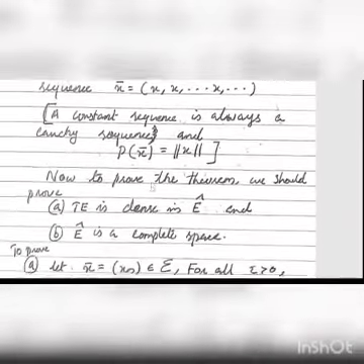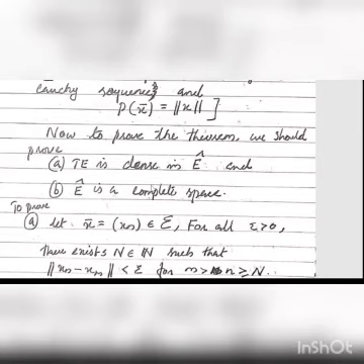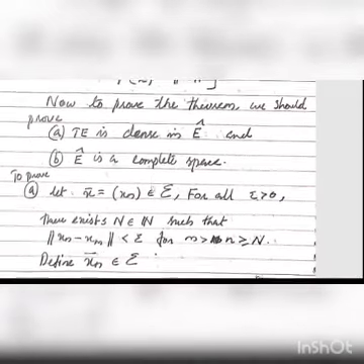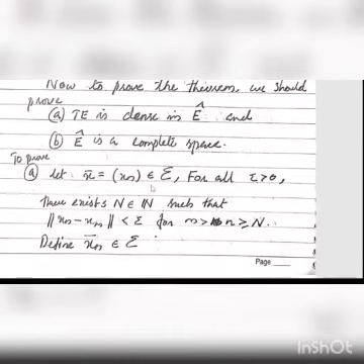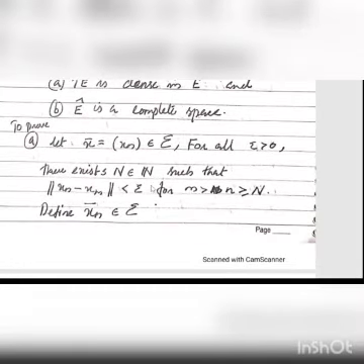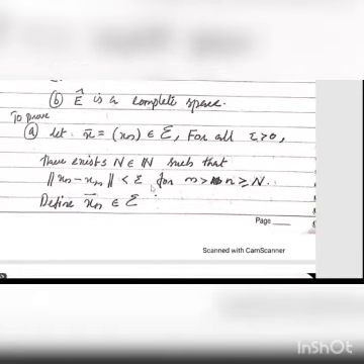Now to prove the theorem, we should prove T(E) is dense in E hat and E hat is a complete space. Now we will prove the first part. Let x bar equal to (xn) belong to script E. For all epsilon greater than 0, there exists N such that norm of xn minus xm is less than epsilon for m greater than or equal to N. This follows from the Cauchy sequence idea.